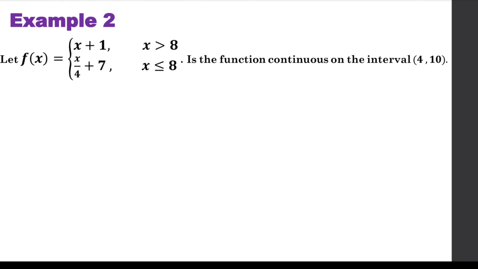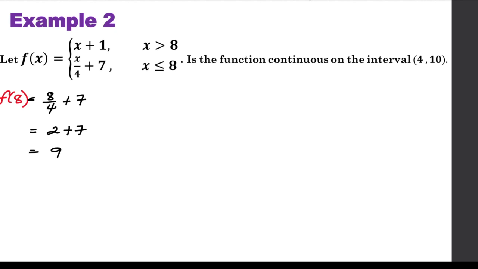So let us try to verify. Let us have f of 8. So we have 8 over 4 plus 7. We're going to use the second function here for f of 8. So this would be 2 plus 7, and therefore we have 9.